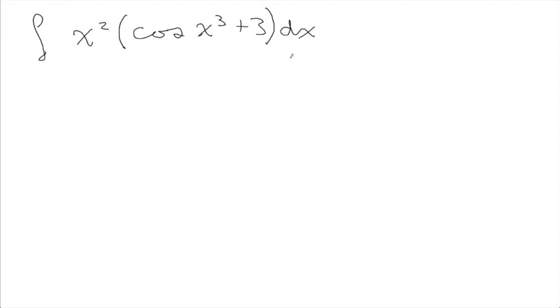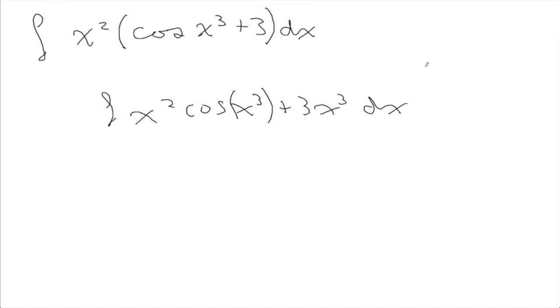Okay, so is this an antiderivative that we know how to take using our previous techniques? Let's see. I believe so. I think we can distribute the x squared and then take the antiderivative. So cosine of x. Yep. And then what?